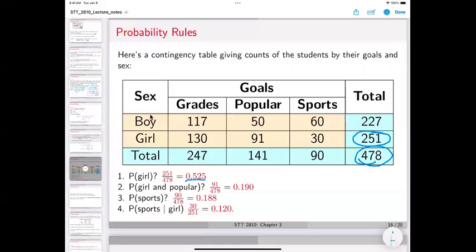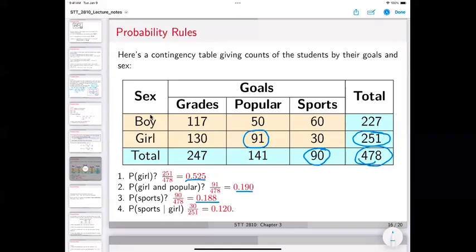Probability of a girl and popular. So you are a girl and you are popular. We are here. Is that okay? So 91 divided by the total gives you that. Probability of sports. This is sports. The total sports is what? 90. 90 divided by the total gives you this.